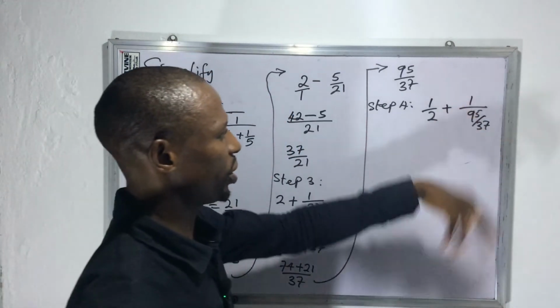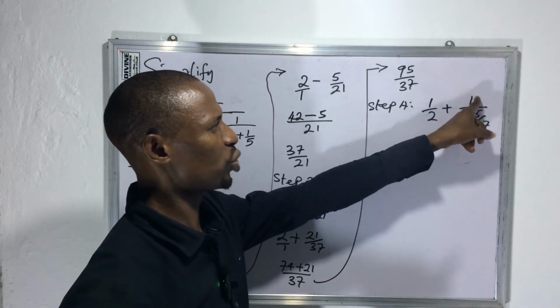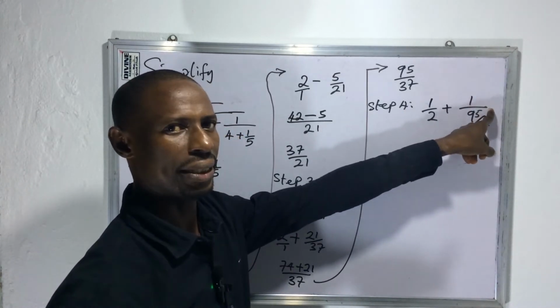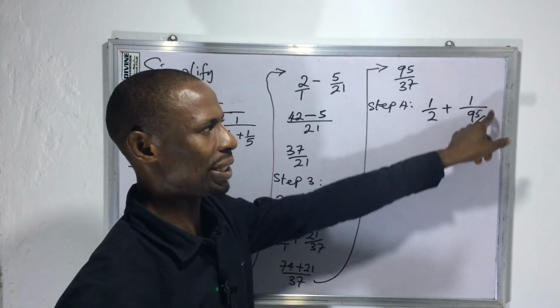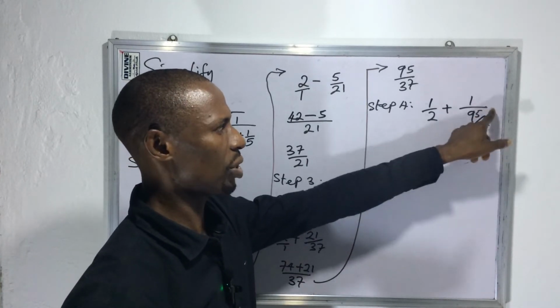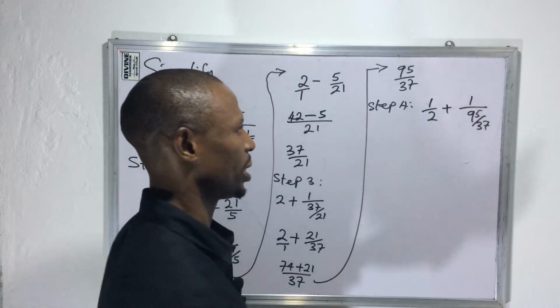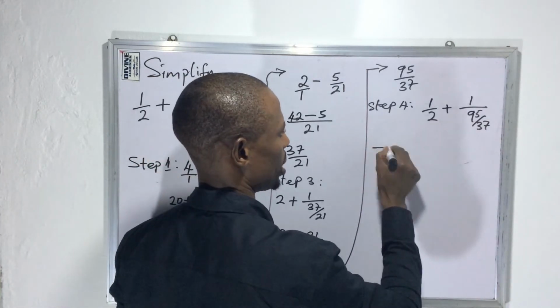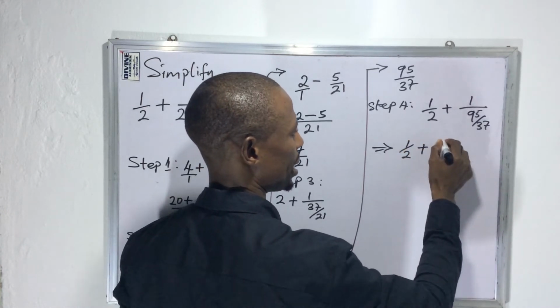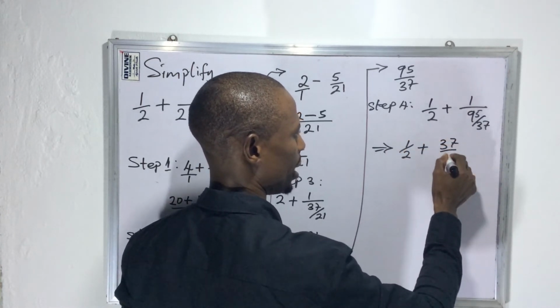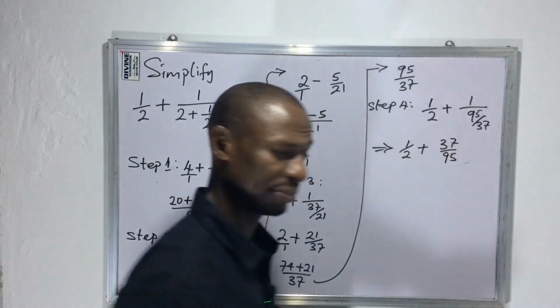So what we do now, we remove this 1 and this division sign. How do we remove that? We interchange the numerator and the denominator. So 37 goes up and 95 comes down. If we do that, this implies 1 all over 2 plus 37 all over 95.